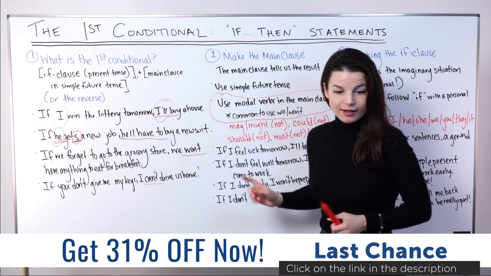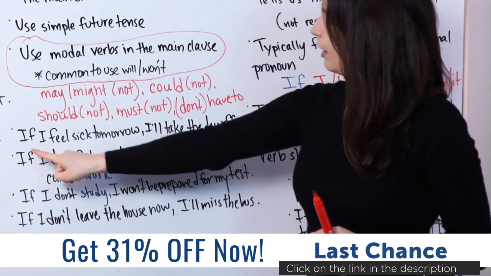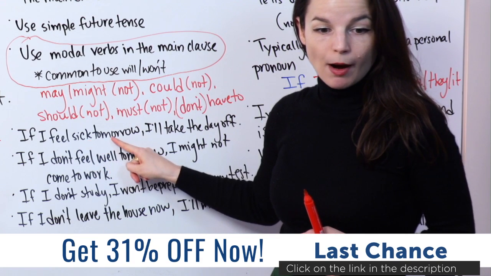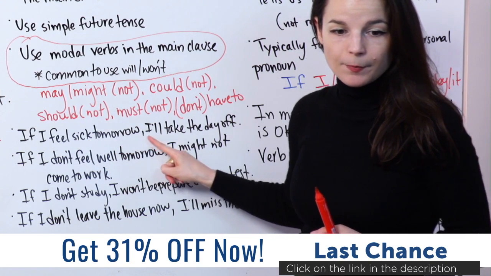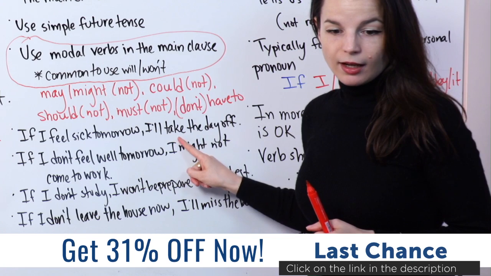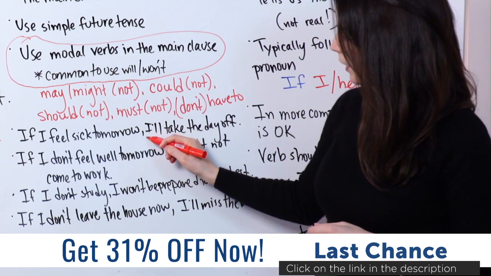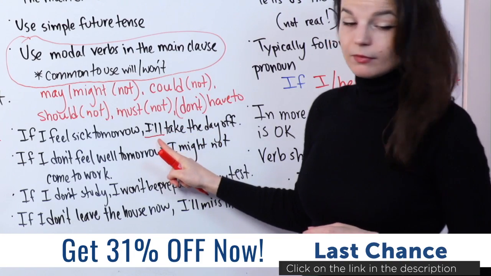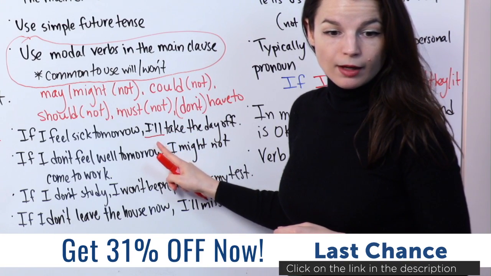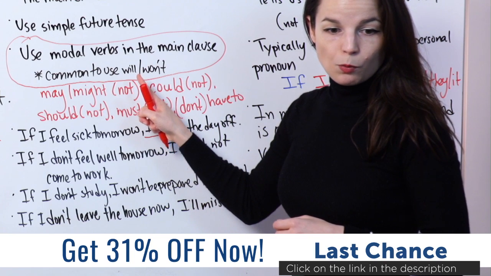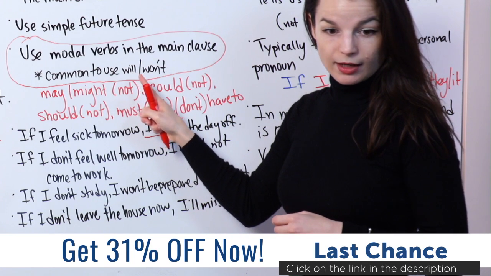So let's take a look. First one, if I feel sick tomorrow, I'll take the day off. I'll take the day off. So here, I'll is I will. This is my main clause. I'll take the day off. It uses will. I will take the day off.